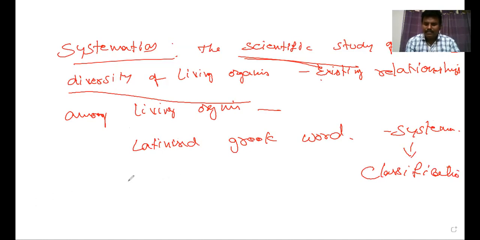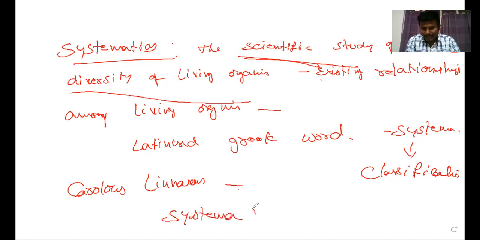The word systematics was used by Carolus Linnaeus, and he published about this systematics in his book Systema Naturae. So this is the information about systematics.